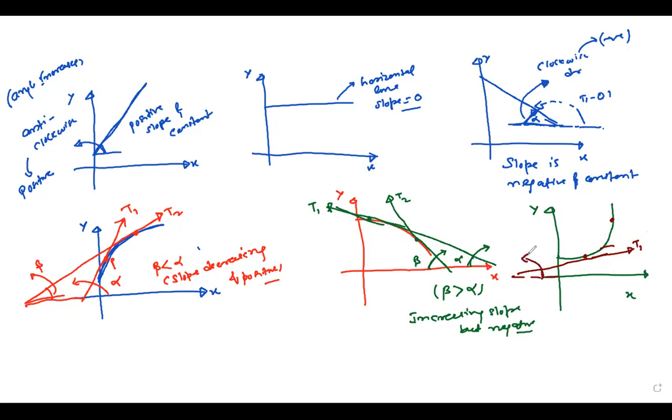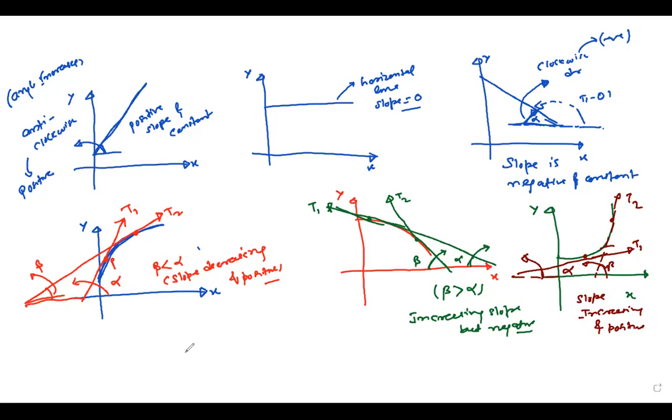Suppose again this is clockwise, anti-clockwise, alpha, and this is beta, this is T2. So you can say slope increasing and positive. So in short, you understand the concept of increasing slope, constant slope, positive slope, and negative slope.